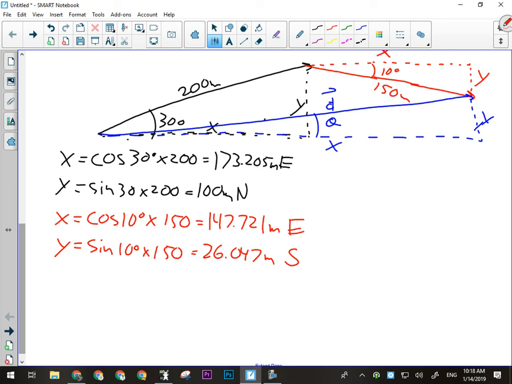But blue X is the sum of black X and red X, because they're both going the same direction. So my next step is to calculate my resultant's X and Y components. So blue X will be our 173.205 plus our 147.721.